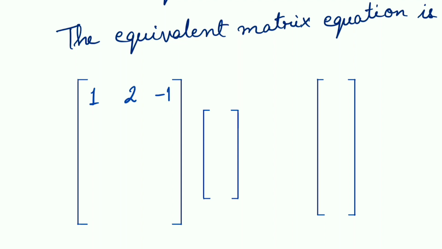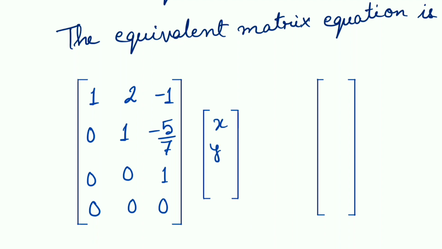Since the system is consistent and we have a unique solution, we are asked to find the solution of the system. So to find the solution, we write the equivalent matrix equation as 1 2 minus 1, 0 1 minus 5 by 7, 0 0 1, and then the last row. You can avoid this last row since it is a null row, that is row 4 is a null row, so you can eliminate this row, but it's okay.